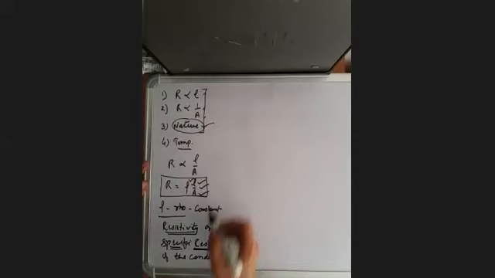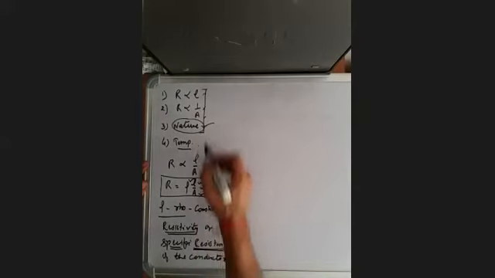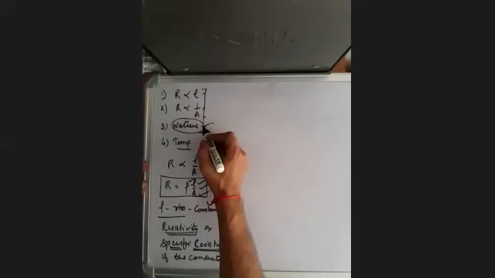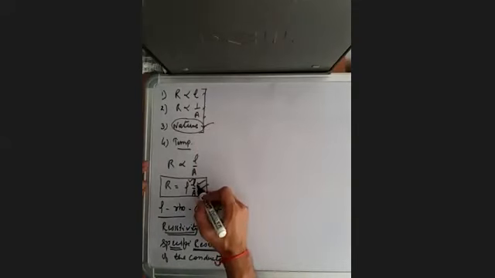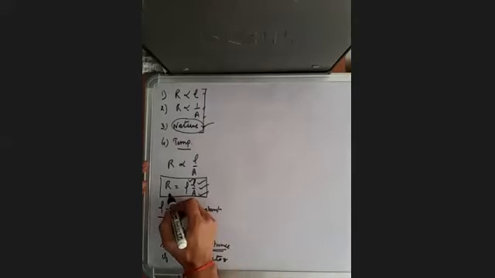So if resistivity is known to us, length is known to us, and area of cross section is known to us, you can find out its resistance.